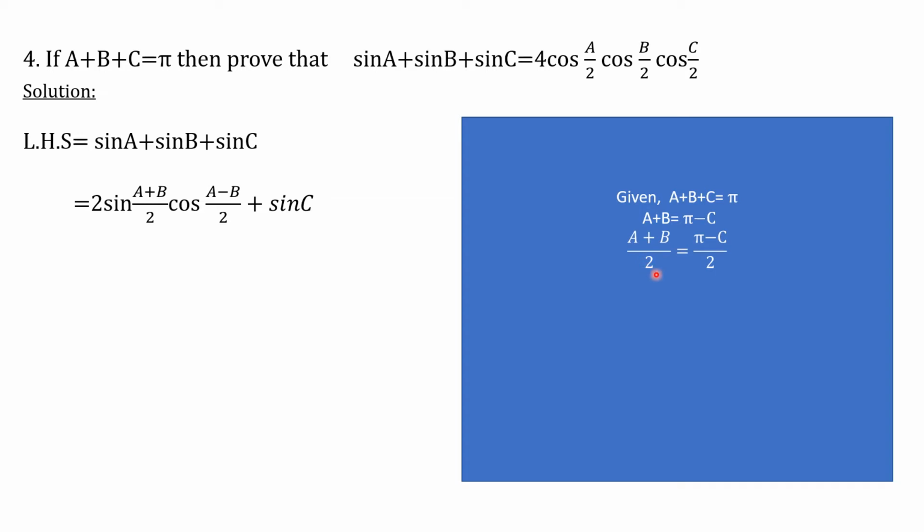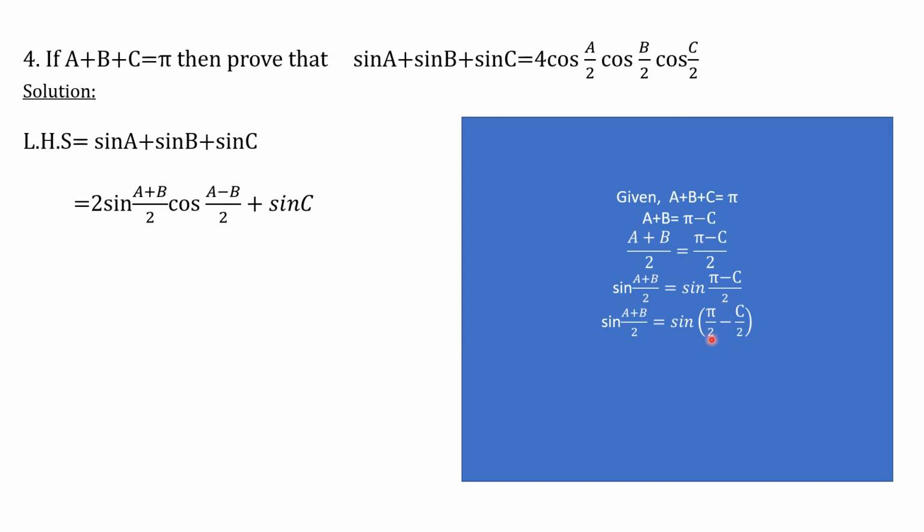So on dividing by 2 we get this line, and here it is sine with A plus B by 2. So let's operate sine on both the sides. On operating sine on both the sides, we get sine A plus B by 2 is equal to sine of pi minus C by 2. Then we will split LCM of this part. So on splitting LCM, we get pi by 2 minus C by 2.